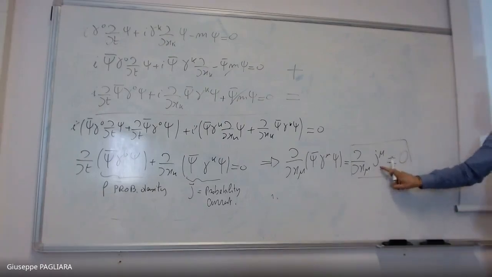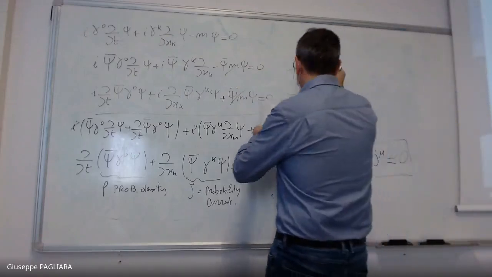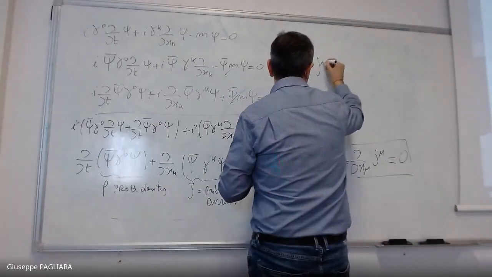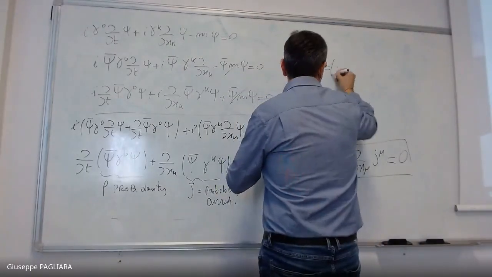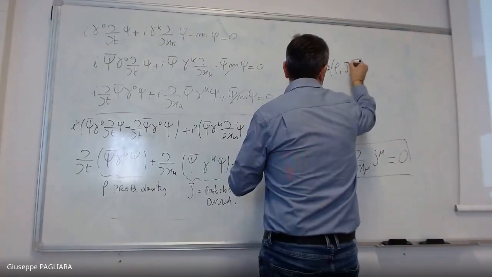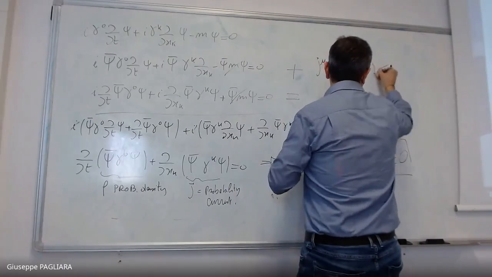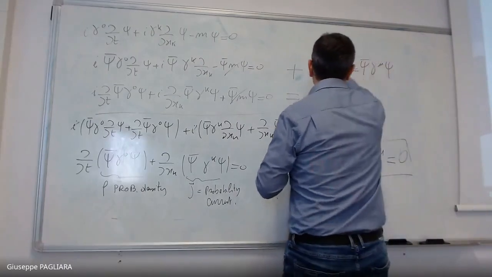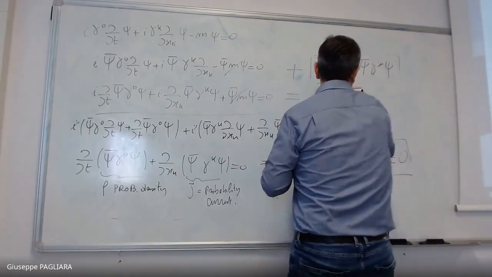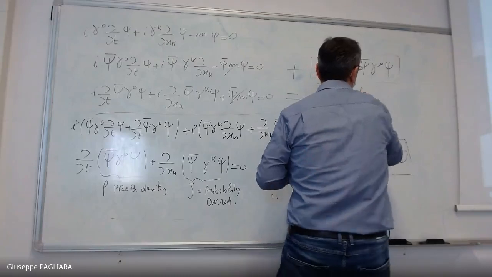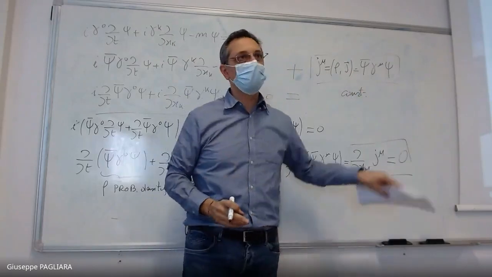It's not changing. So the quantity that is conserved is our 4-vector current, J^mu, which is defined as rho and the 3-vector current J, as psi bar gamma mu psi. And this is a constant, because the derivative vanishes.